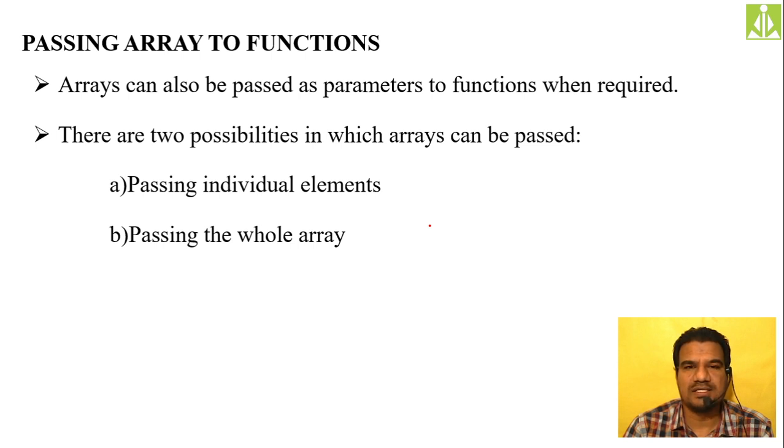So we said array is a collection. We are going to put more than one element into the array, and more precisely, array is a collection of homogeneous data elements, or elements of the same data type. Like this we define the array.